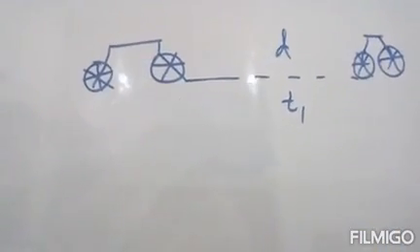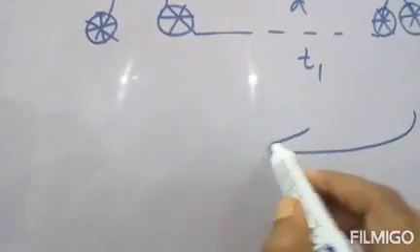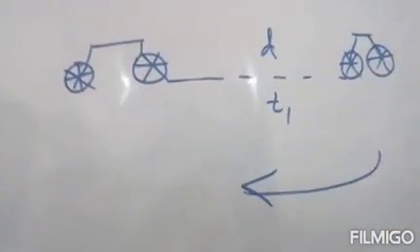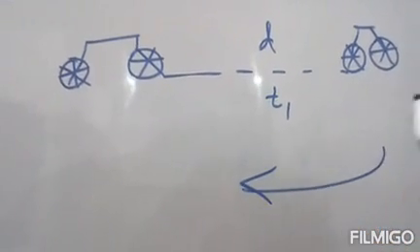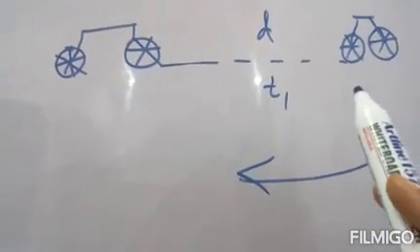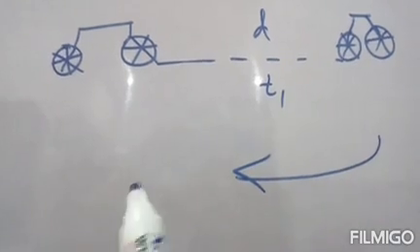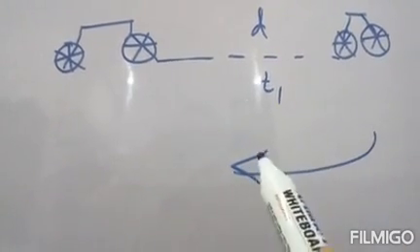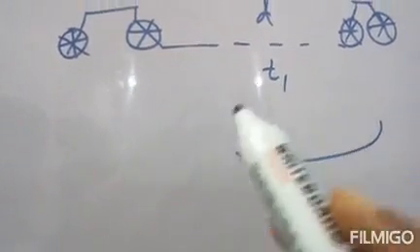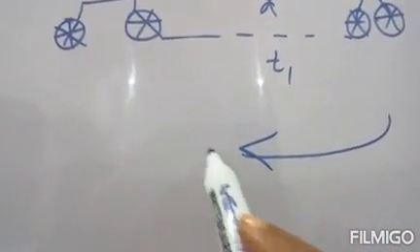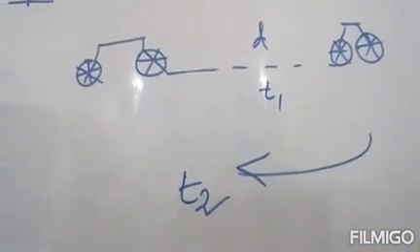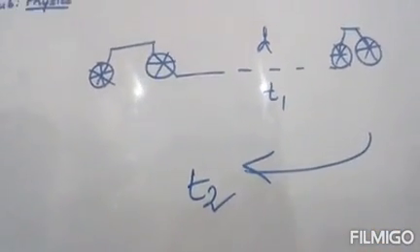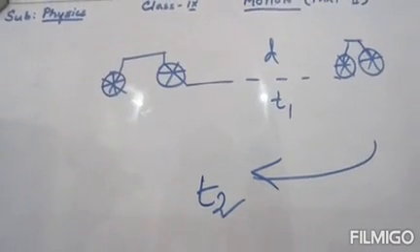When you came to school, you were thinking about the school bell ring, so you came to school very fast, and the time taken was t1. But while returning, you were gossiping with your friends and you took a little more time to travel that distance. So let that be t2.